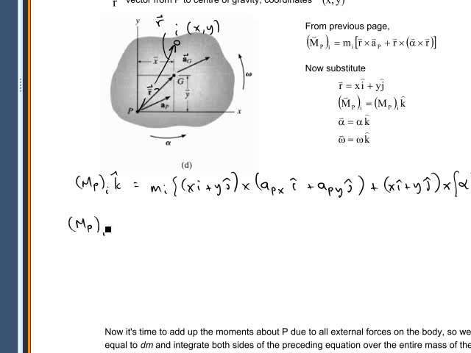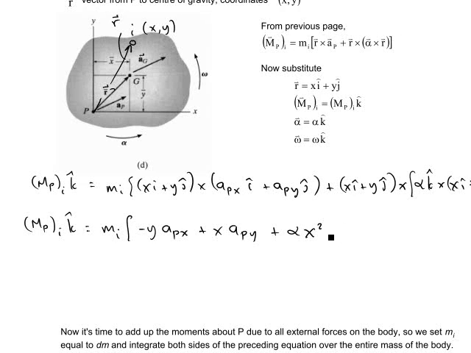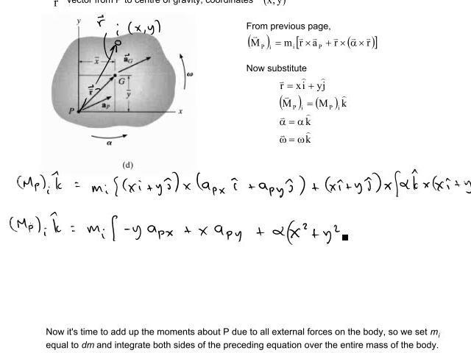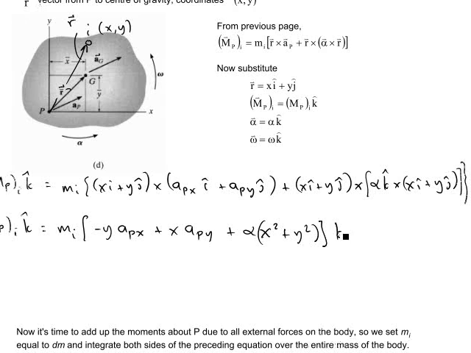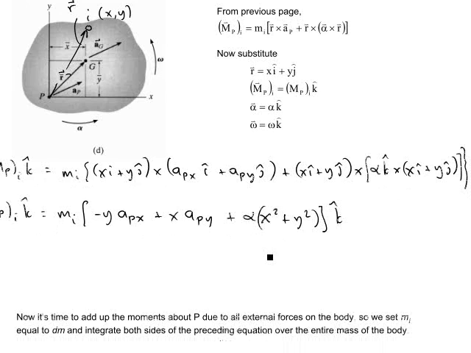Moments about P due to particle I forces in the k direction equals particle mass mi times minus y apx plus x apy. I end up with an alpha outside of x squared plus y squared, and all that's in the k direction.